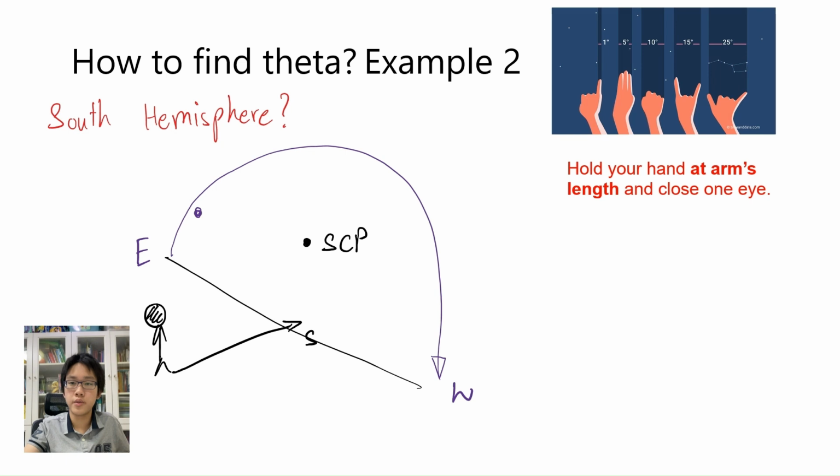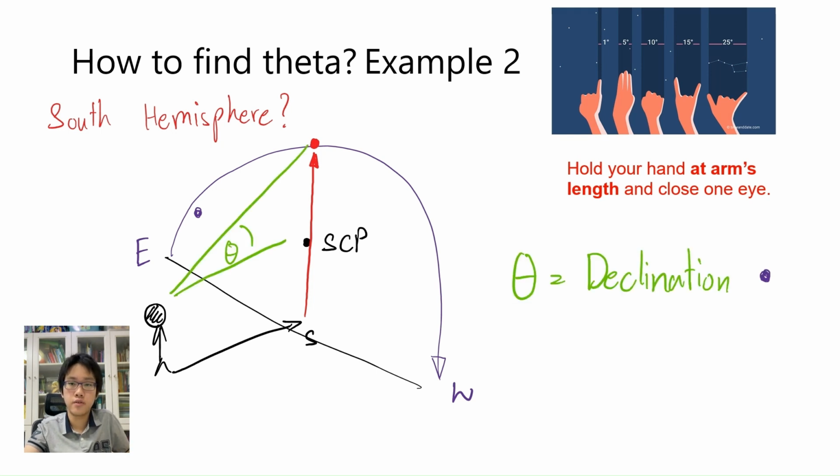We measure the point just right above the South Celestial Pole, still on that imaginary circle, and the declination would equal the angle measured from the South Celestial Pole. Use the same method: hold our hand at arm's length, close one eye, and see how many degrees it is, and that would be the declination of that purple star.